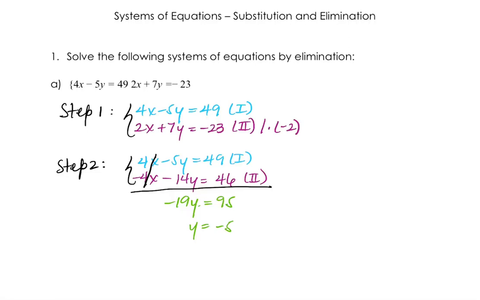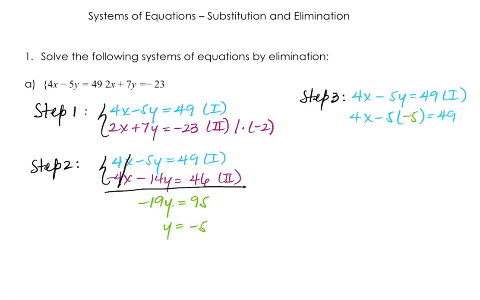Now, for step 3, we have to substitute y, which is negative 5, into one of the two equations. In this case, we're going to substitute it in equation 1, and then we can solve for x.